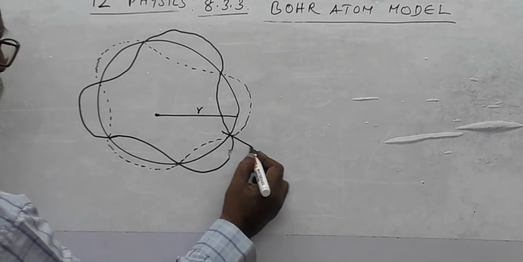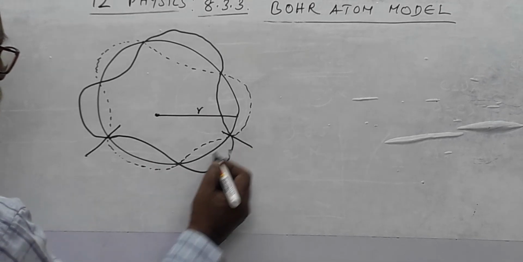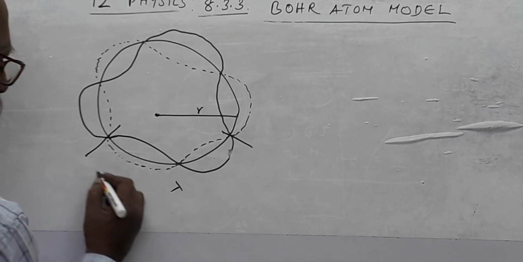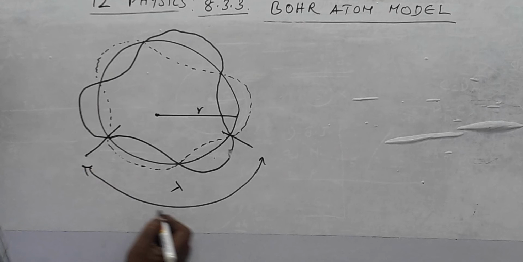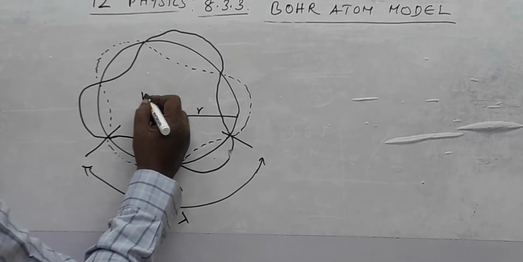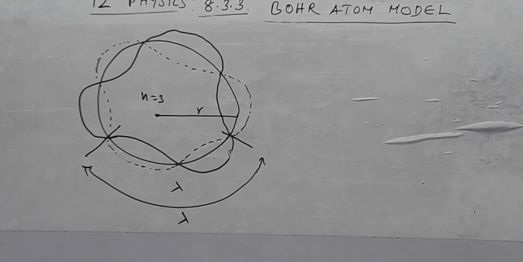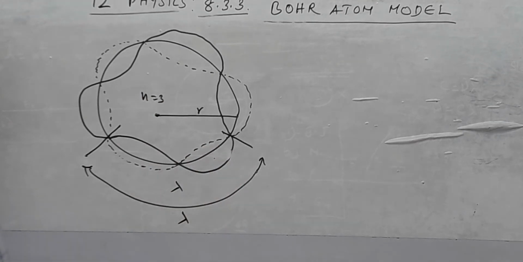Here, if you consider, this is half wavelength, this is lambda by 2, and the total distance of one wave is called the wavelength. Here we are getting n equal to 3, when you consider the angular momentum as a multiple of 3. Then you get a diagram like this.